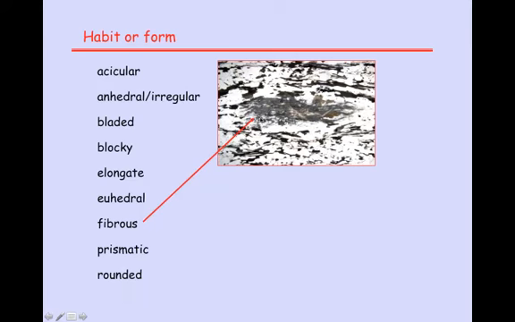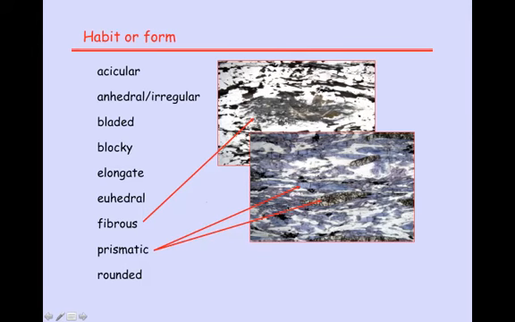Here's an example of a fibrous habit. You see the small wispy fibers in that crystal. Or minerals that preserve part of the crystal faces, like a euhedral crystal form, you could call those prismatic.